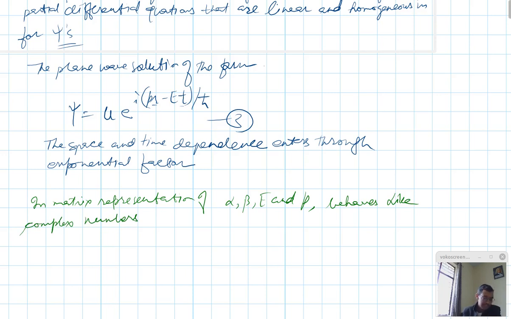So let alphas and beta operate on one column matrix.